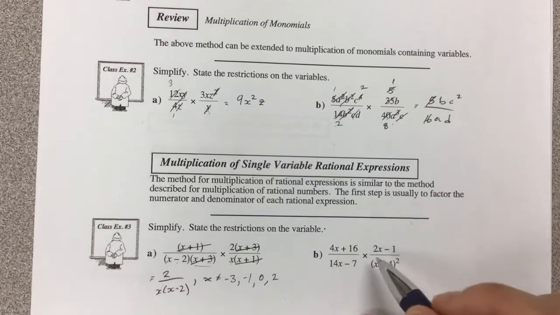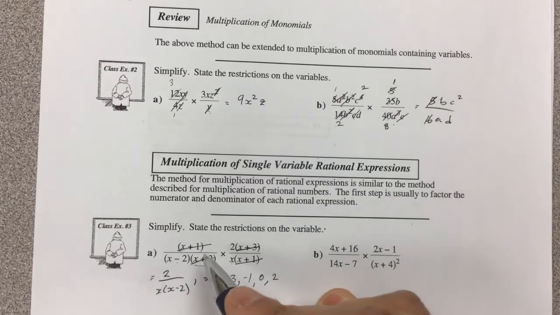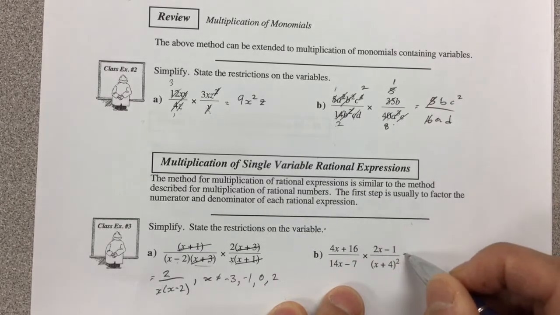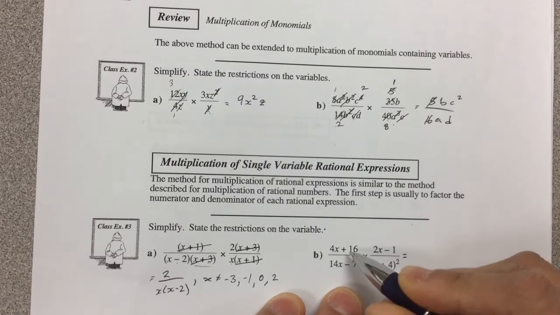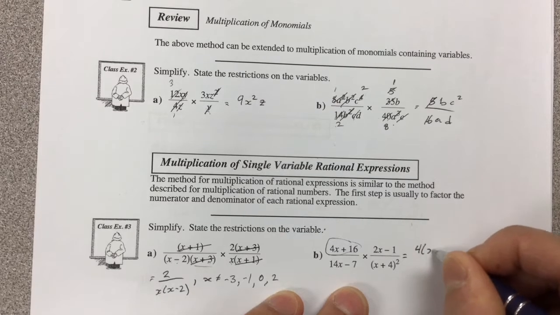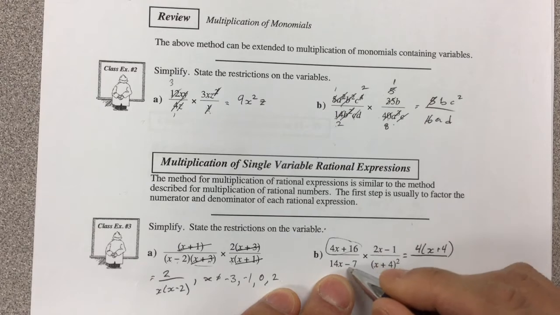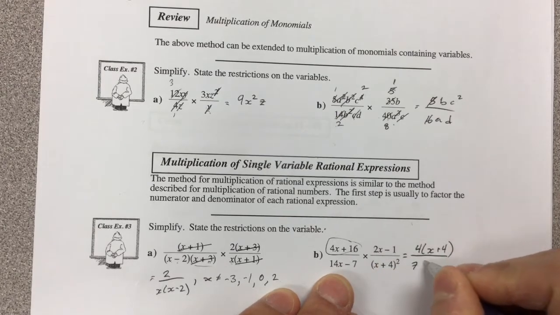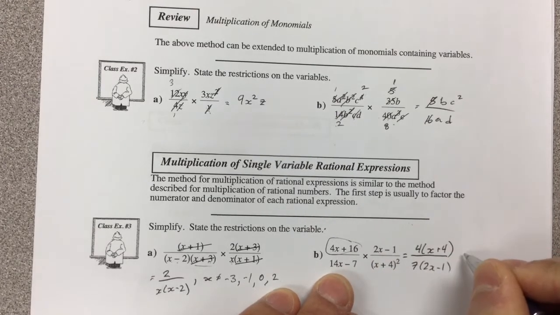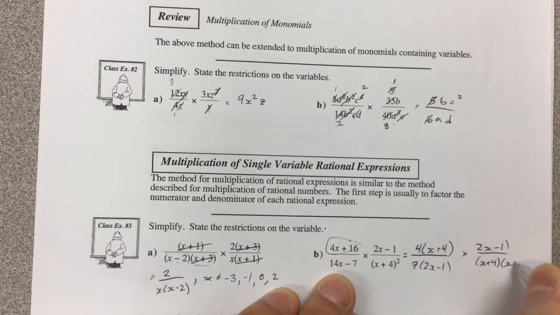Same thing here. Now, this question is a little bit different because now it's not already factored for us. So we have to begin by factoring this expression. If I factor this 4x plus 16, it's going to become 4 times (x plus 4), over, I can factor the 7 out of here, 7 times (2x minus 1), times (2x minus 1)(x plus 4).